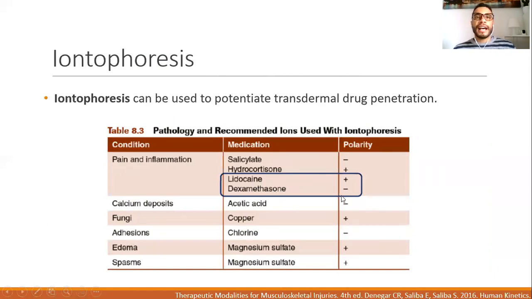So how does iontophoresis work? We basically have the electrotherapy machine, okay, which is coupled with electrodes. So we will place electrodes next to the area to be treated, okay? And if we want, for example, to induce analgesia in the area, we use lidocaine, which has, as you see here, a positive polarity.